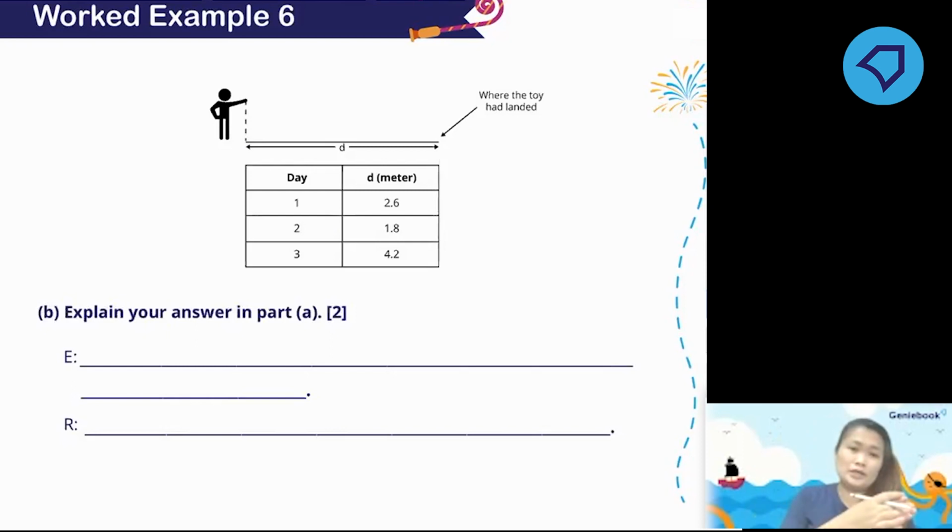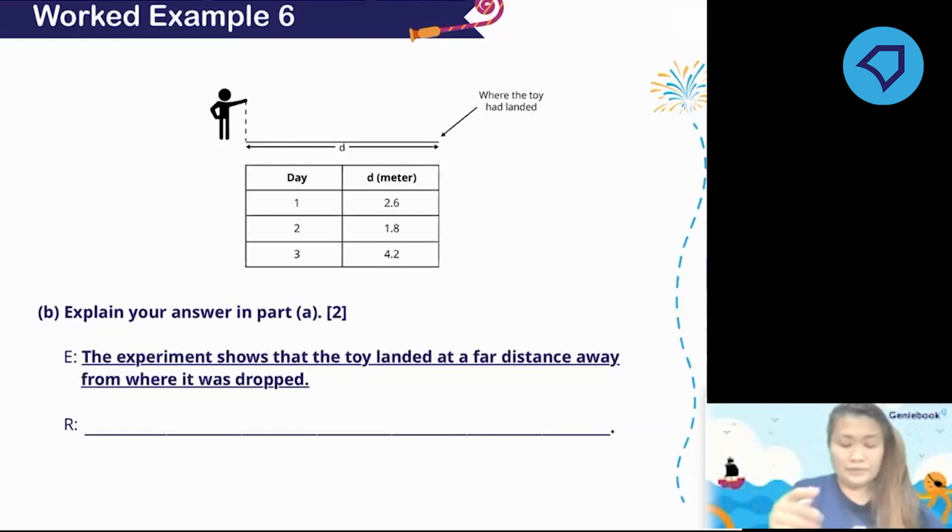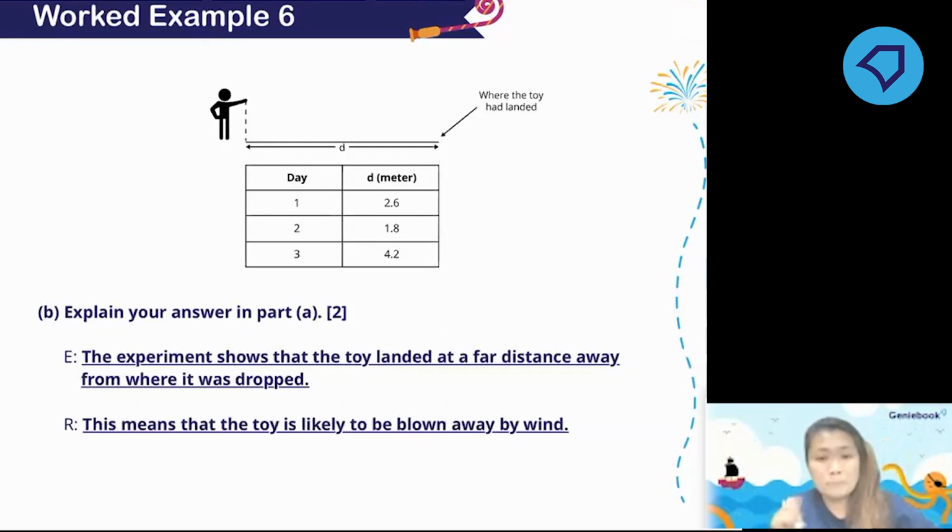It was actually away from Cindy. If you drop it and it drops down on you, then obviously it's not dispersed by wind. So evidence here will be the toy landed a far distance away from where it was dropped. Means that it has to be blown away by the wind. So that's how you link your part A with your part B together.